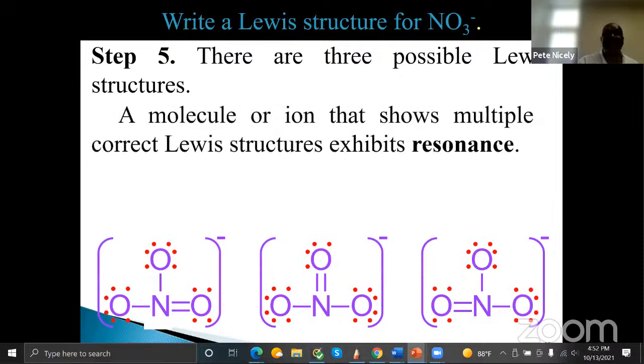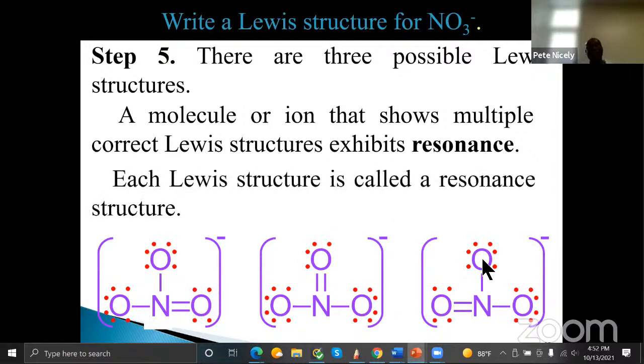We call this situation, where a molecule or ion can show two or more Lewis structures that are correct and equivalent, resonance. We say that the structure exhibits resonance, and each Lewis structure is called a resonance structure. This typically happens where you have double bonds or triple bonds present in a Lewis structure.